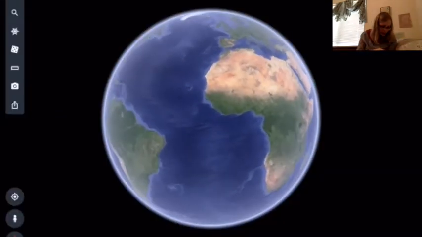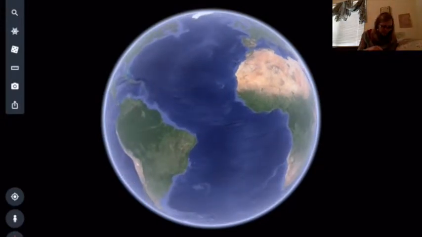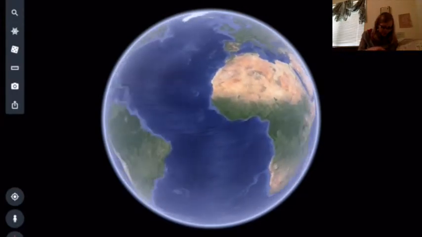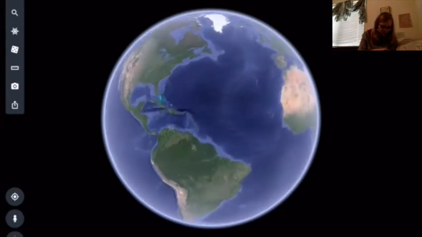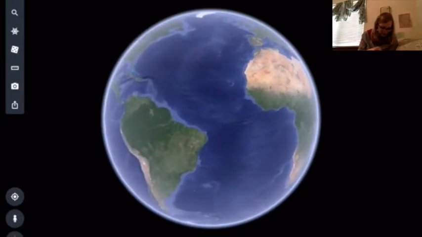All right, so if I look at the ocean, I can't draw on this, so we're just going to have to look. This is Africa over here, this is North and South America, and this is the Atlantic Ocean in between, and you can see that line that goes down the entirety of it.